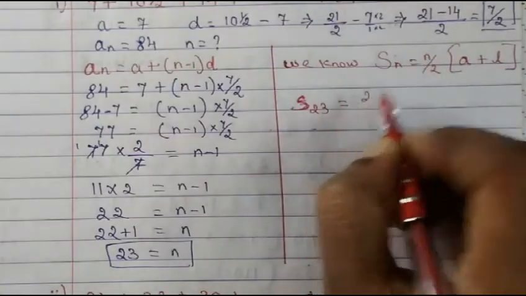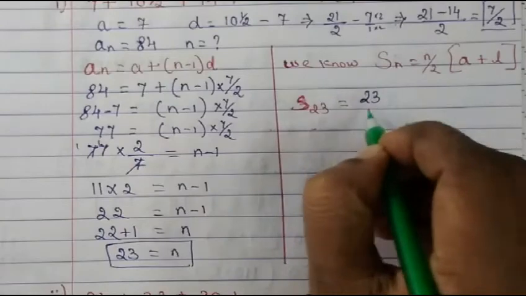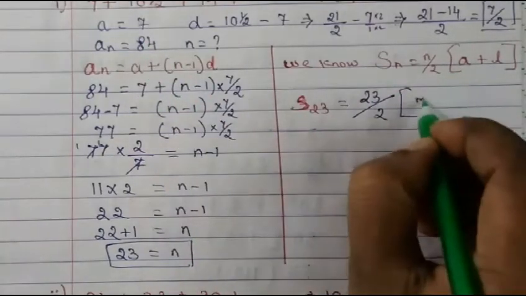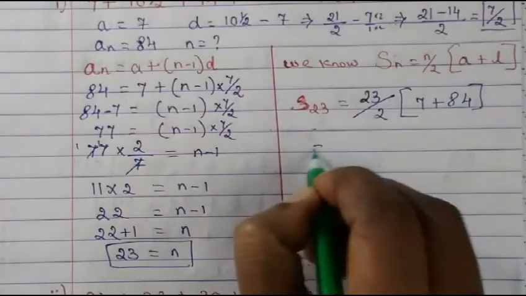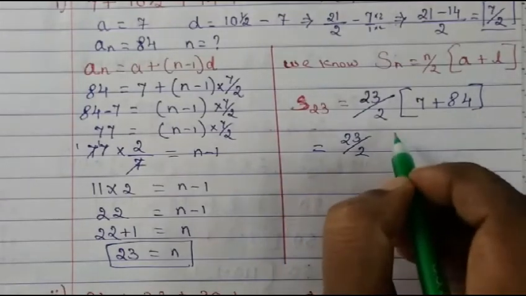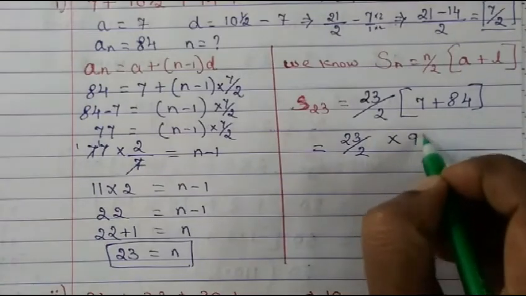So n is 23 upon 2, and the first term we know is 7, and the last term we know is 84. So 23 upon 2, 7 plus 84 will give us 91.